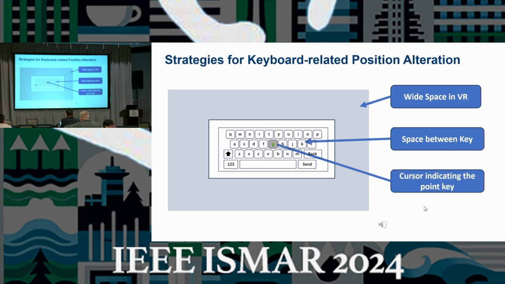The virtual keyboard system comprises two main parts, the keyboard and the cursor. The keys on the keyboard are spaced apart. To keep security, we consider altering three crucial positions: the position of the entire keyboard, the position of the cursor, and the position of the keys.